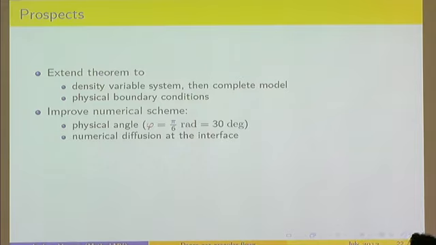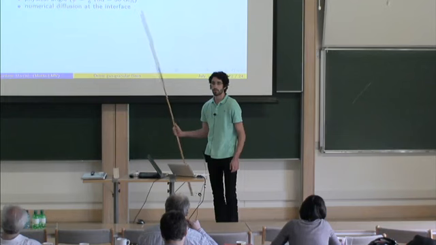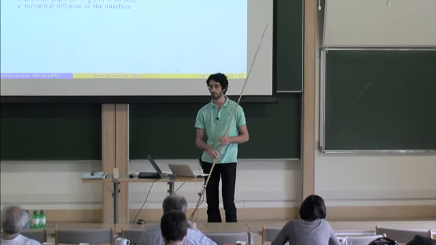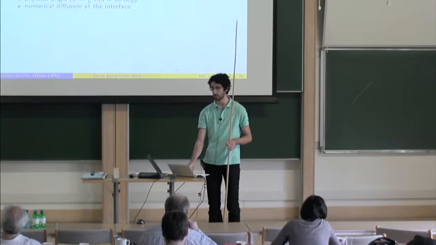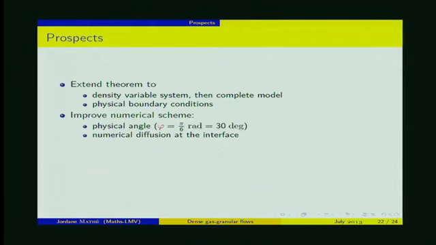About the algorithm, I would like to deal with the problem of phi, which should be around 30 degrees, and I can't choose phi bigger than 10 degrees or something like that for now, because of a problem of numerical stability.